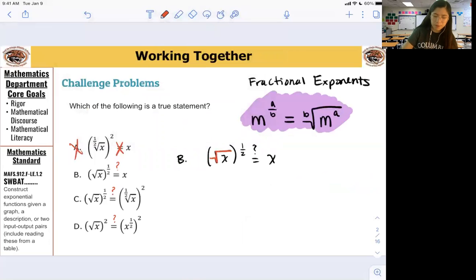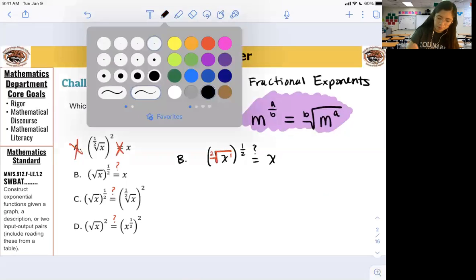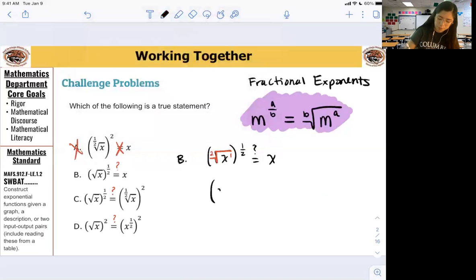What's the invisible number on the outside? 2. Good, a 2. What's the invisible number on the inside? 1. So using my rule, which number goes into the numerator? 1. Good. 1 on top, 2 underneath. Bring down my extra exponent.